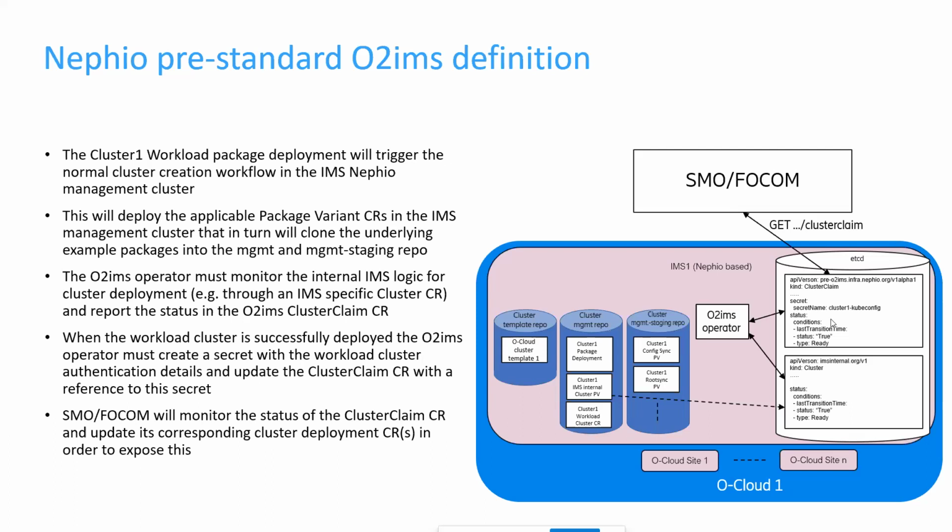I mean, this is something we have discussed ourselves in our different proof of concept implementations we have done so far. Even in this case where you have an IMS here, should you not assume that the IMS can guarantee that the cluster is actually ready and up and running, or should you have some checks from FOCOM directly towards the cluster?